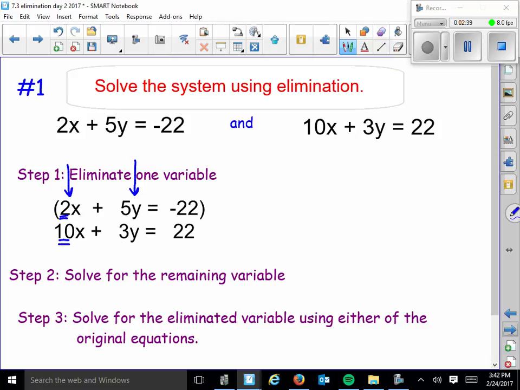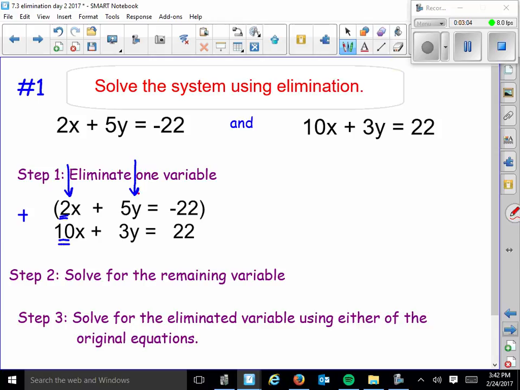I have a 2 and a 10. What I need is to be able to add these two equations together and have opposite coefficients. So what could I multiply 2 by that would produce a 10? I realize that both 2 and 10 will divide into 10.